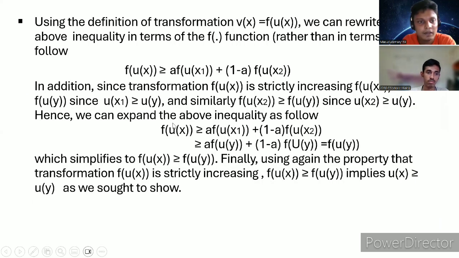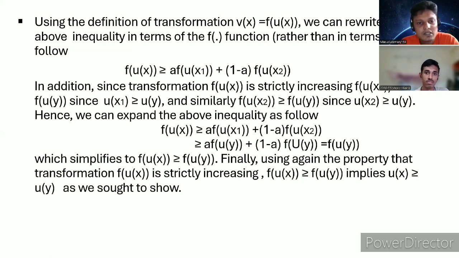Using the definition of transformation v of x equal to f of u of x, we can rewrite the above inequality in terms of the function f rather than v as follows: f of u of x greater than or equal to alpha f of u of x1 plus 1 minus alpha f of u of x2.